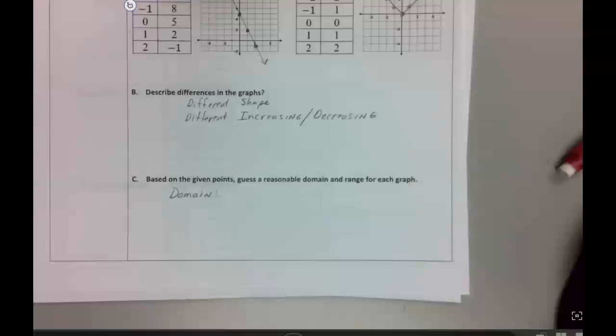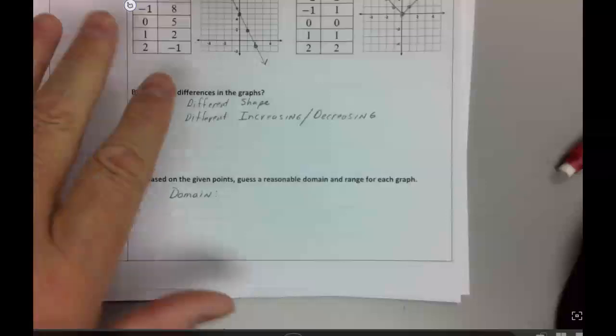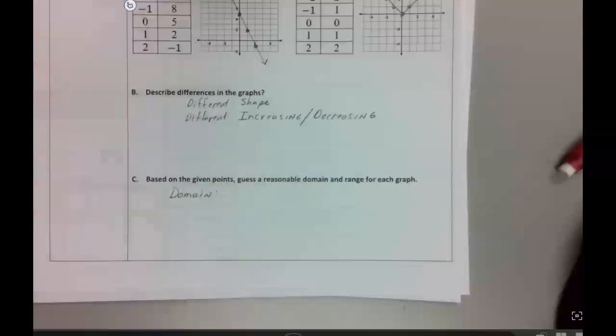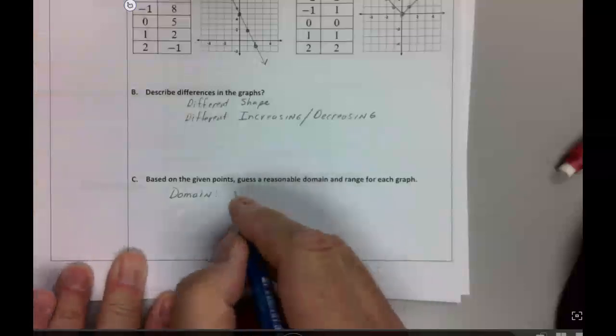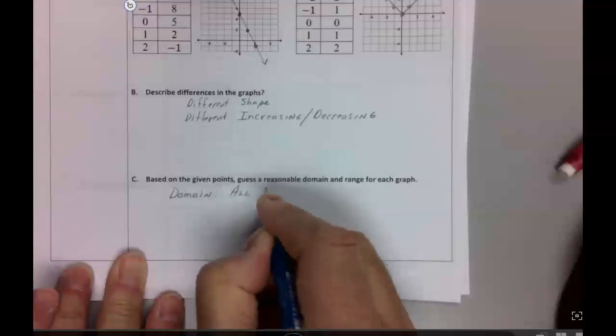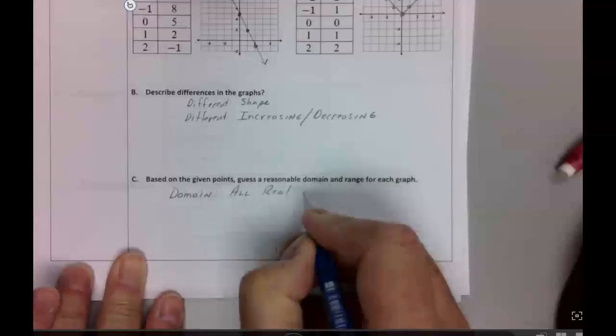The domain is always the x values, isn't it? Think about this. D comes before R, x comes before y. So the domain values, everybody agree with me, I can put whatever I want in for x. There's no restrictions on x. So the domain for the x values is all real numbers. There's no restrictions on the variables.